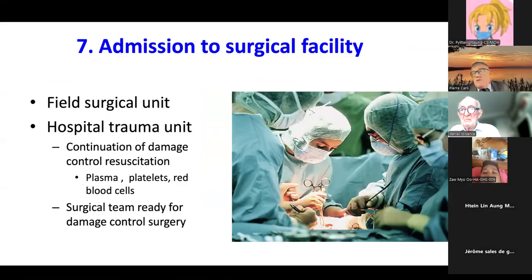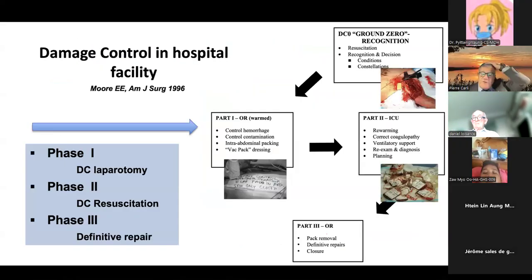Then when you arrive in hospital, the field surgical unit, or the trauma unit in civilian practice, the patient may have the possibility to receive plasma and platelets to control the coagulopathy, and the surgical team is ready to perform a special organization of surgery. I think Dr. De Gozzi told me that he has done a course on that in past years.